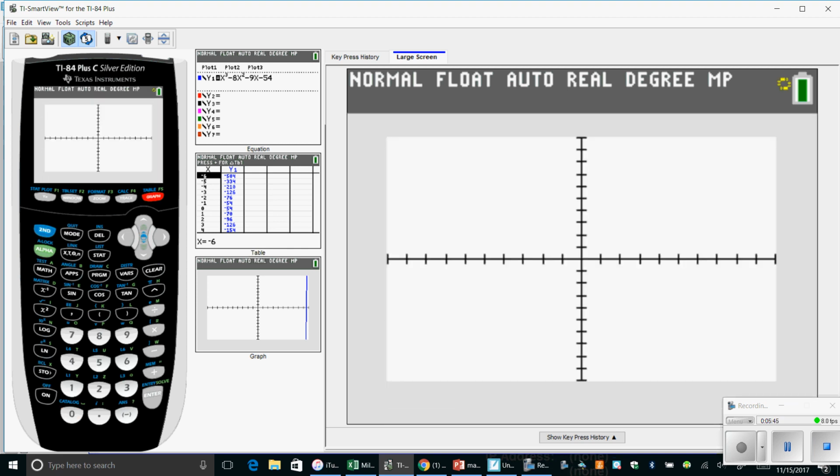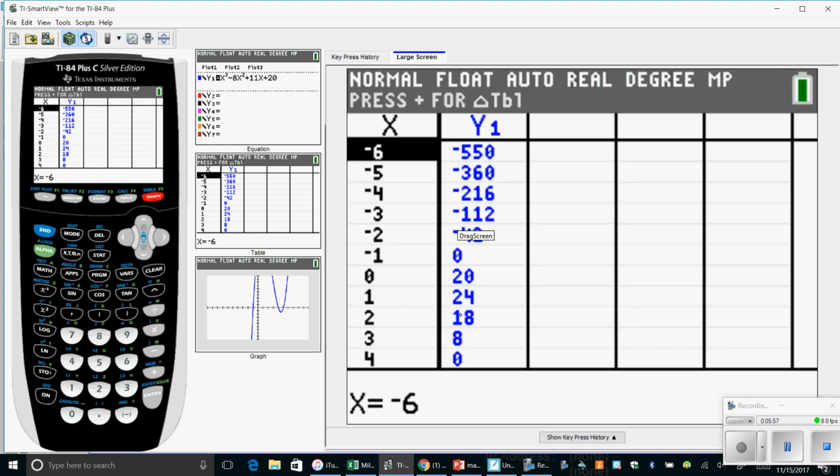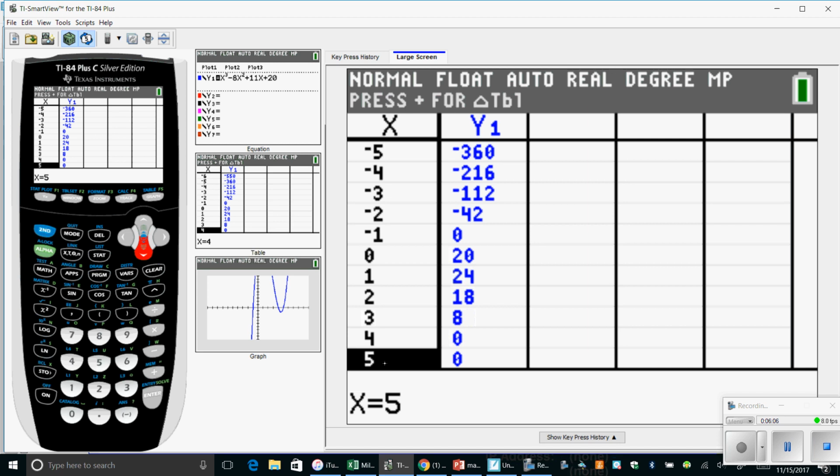And those zeros are at -1, 4, and 5. And you can also check those at the table to make sure. -1, 4, and 5.